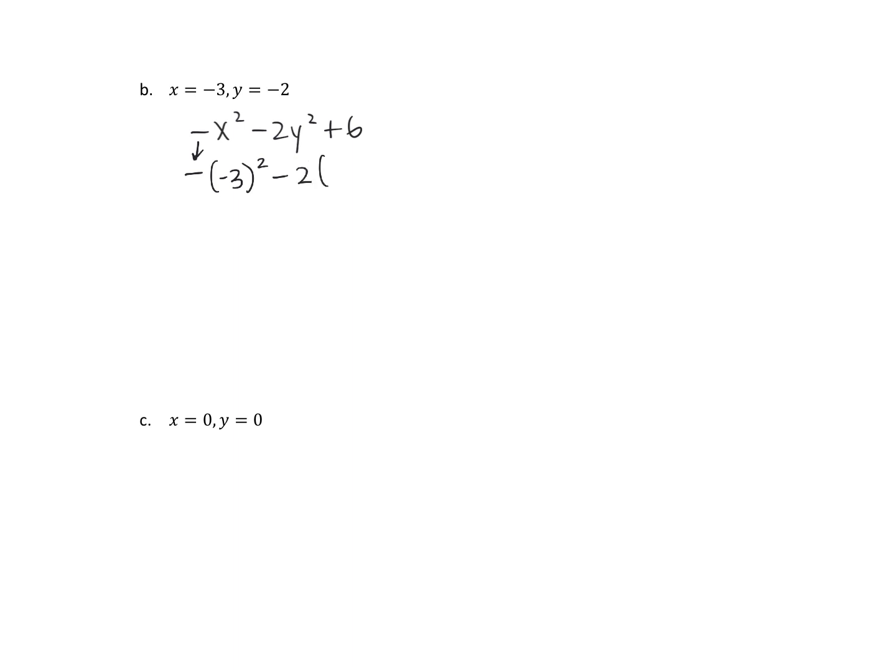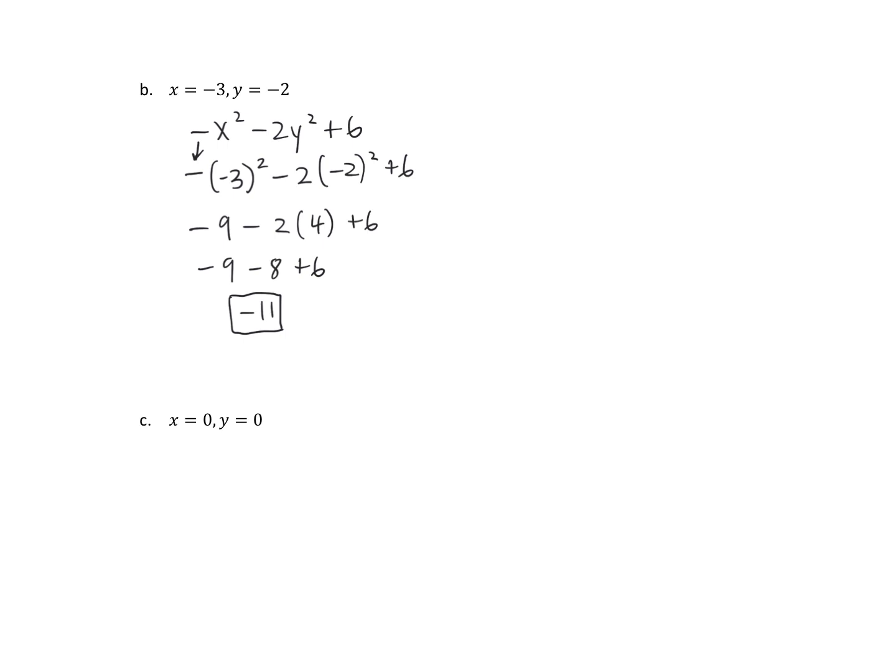Minus 2 times y, which is negative 2 squared, plus 6. So negative 3 squared is a positive 9, but then I have that negative in front, so it ends up being minus 9. Negative 2 times negative 2 squared is a positive 4. So I have negative 9 minus 8 plus 6, and that will give me negative 11.